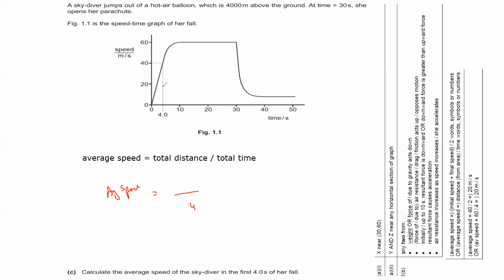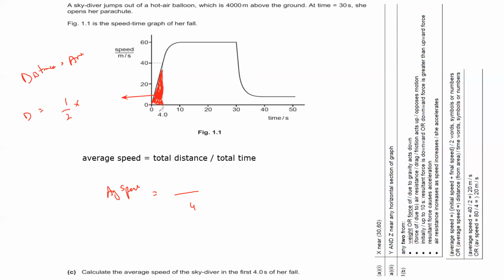So you have to find the area under the graph, because for a speed-time graph, we use the area under the graph to calculate the distance travelled. So what is the distance travelled by this parachutist or skydiver? It is making a triangle. For a triangle, the distance travelled is equal to the area under the graph, that is half base multiplied by height.